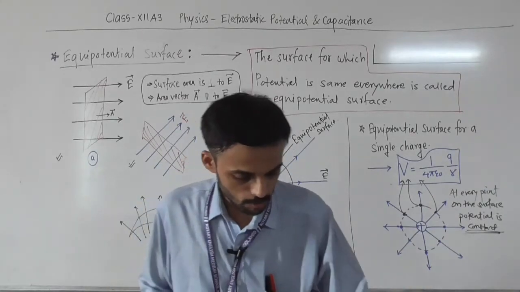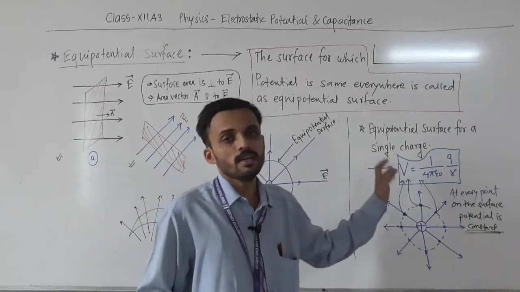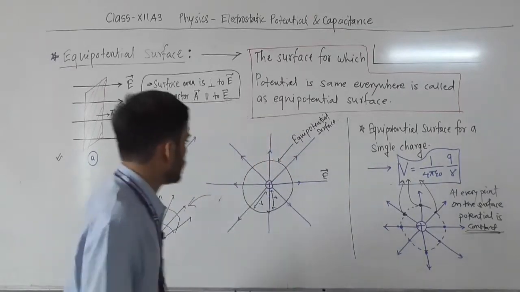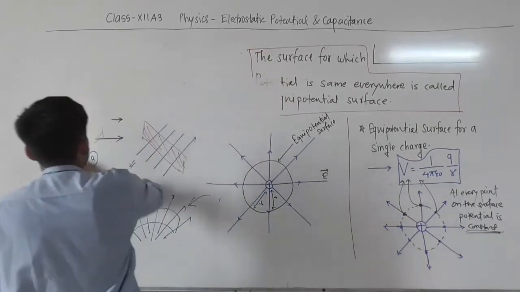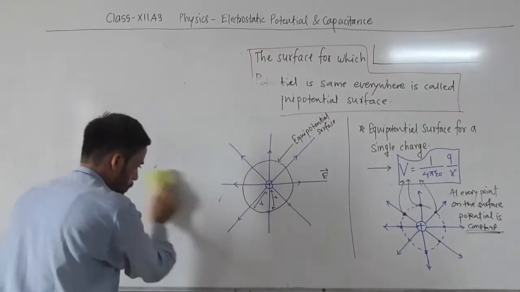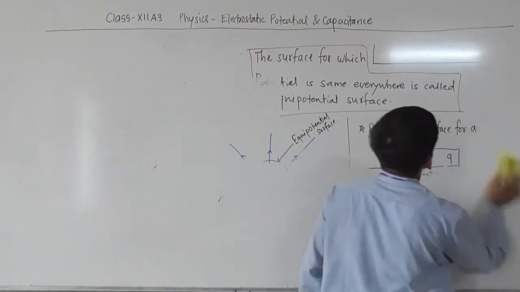I have noted down some important properties that I must give you. In simple words, I will try to explain it. Okay. So write down properties of equipotential surface.